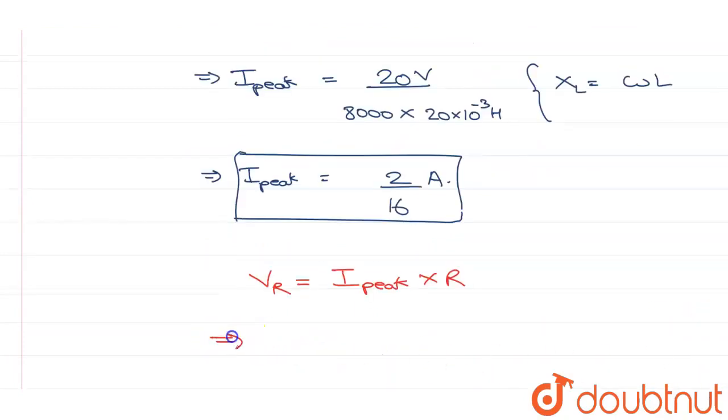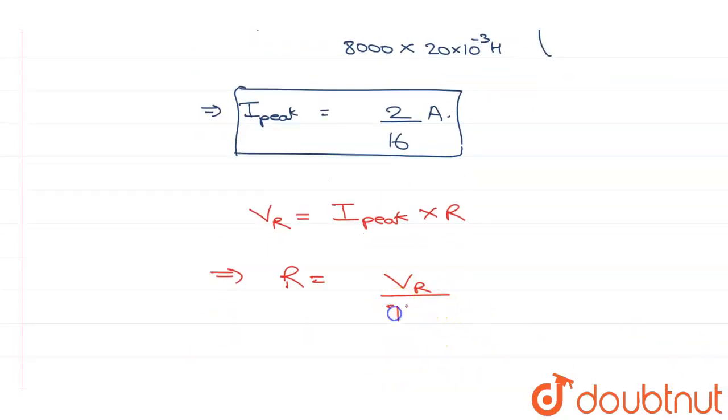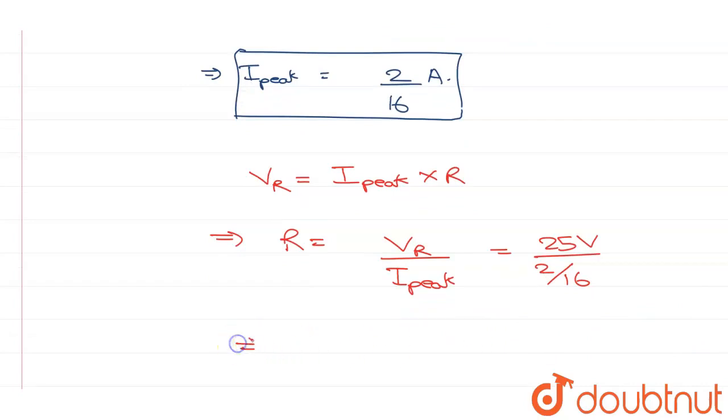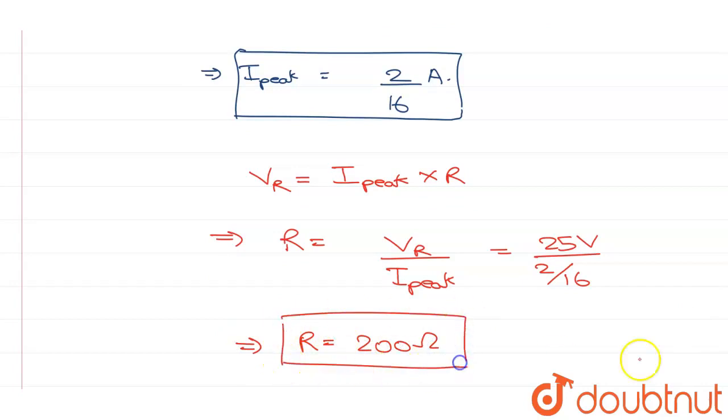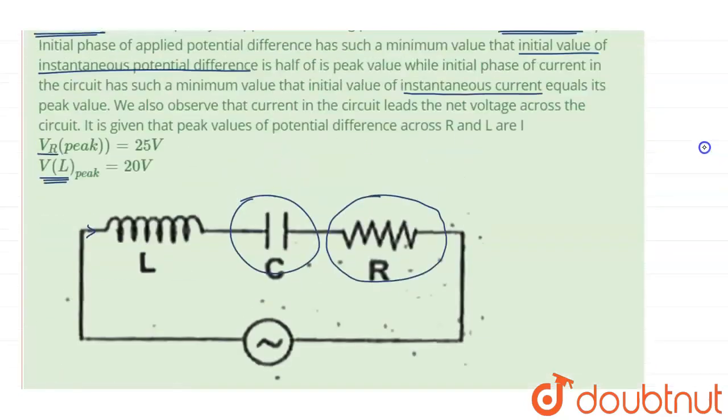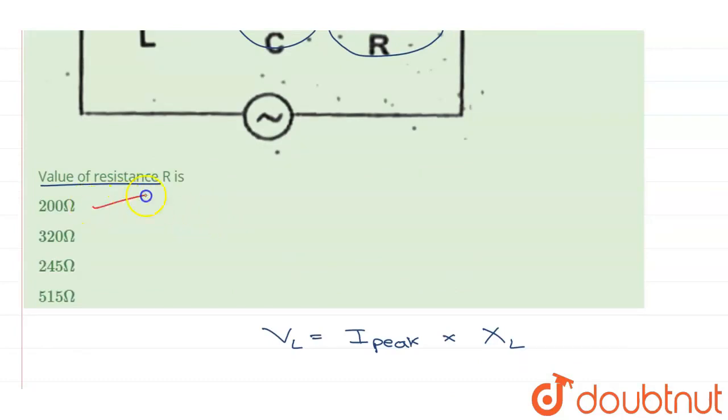From this equation, I can find resistance as the peak potential difference across the resistor divided by the peak current. Now the peak potential difference is given as 25 volts and the peak current we found out as 2 by 16 amperes. So from here, the resistance is 200 ohms. So that means the correct answer is option number A.